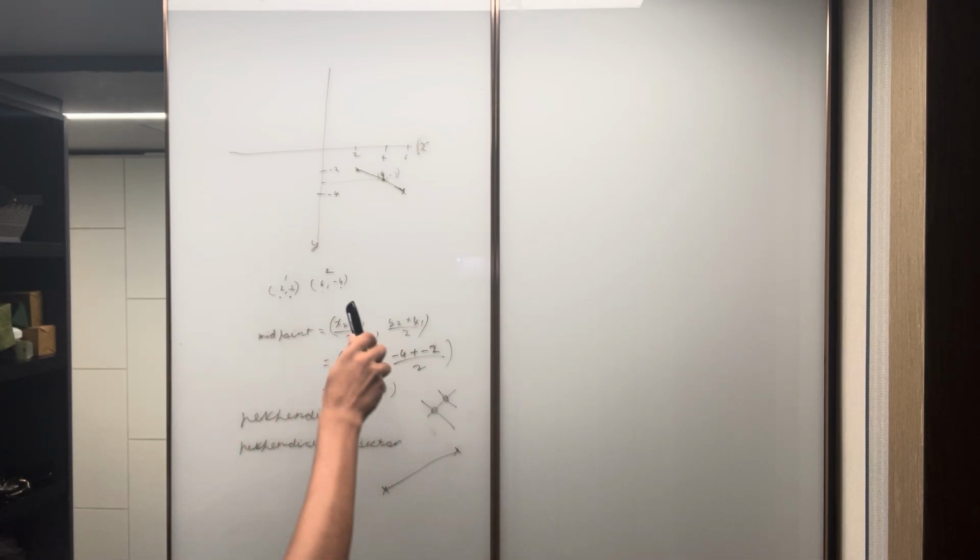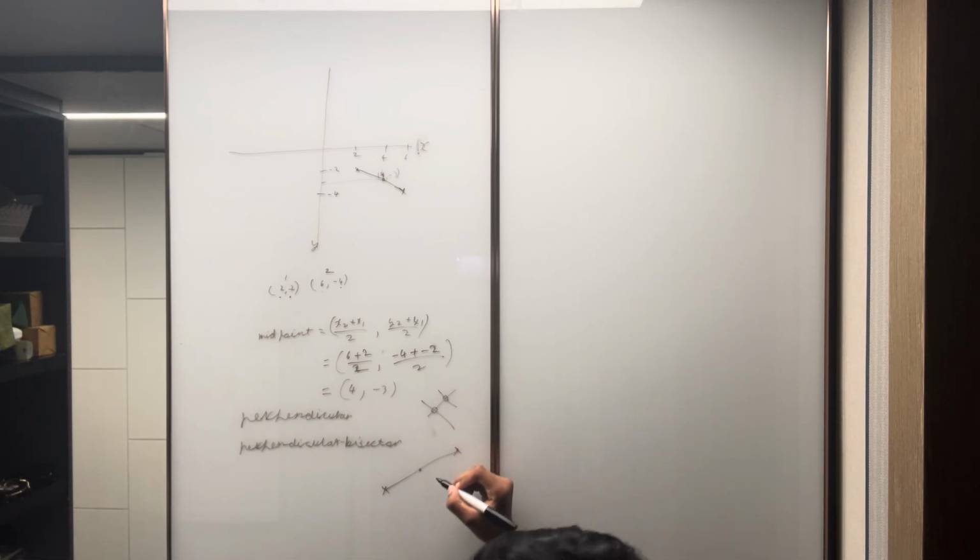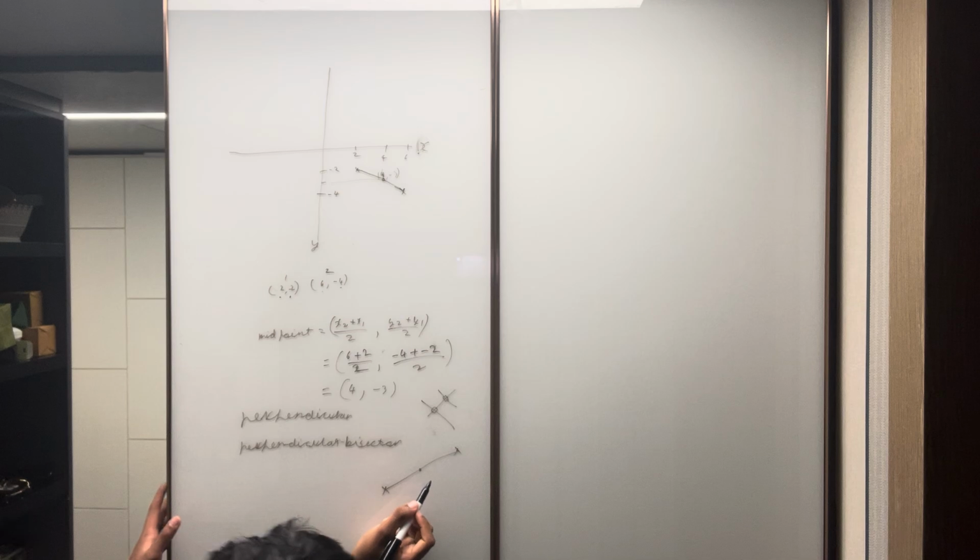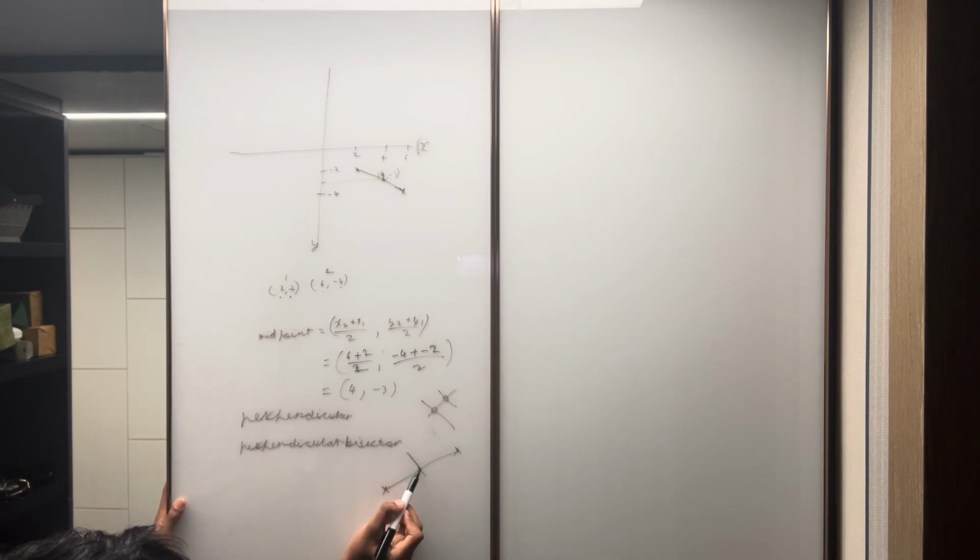So we find the midpoint, which is this formula. Suppose this is the midpoint. We draw another line which is again 90 degrees on all sides, which is a perpendicular, but at the middle. So there can be only one perpendicular bisector here.